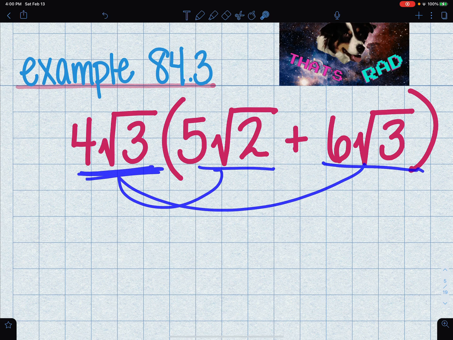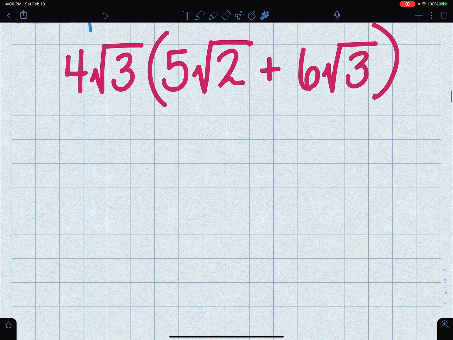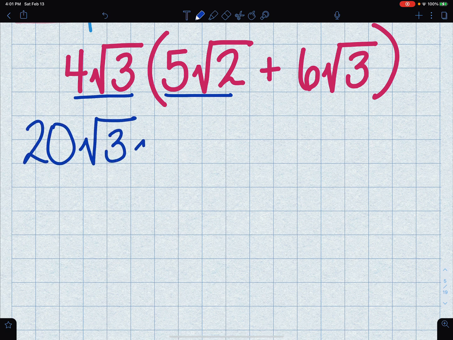All right, so first steps first, let's just multiply it out and see what it looks like. Okay, so it's going to be this times this to begin with. So that's going to be 4 times 5, which is 20, times square root 3 times square root 2.